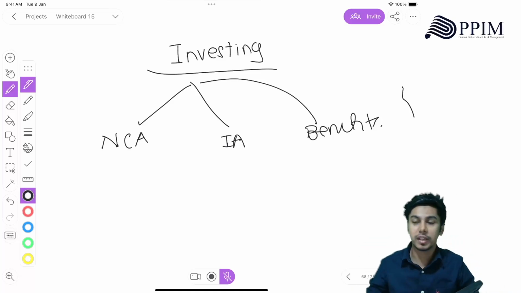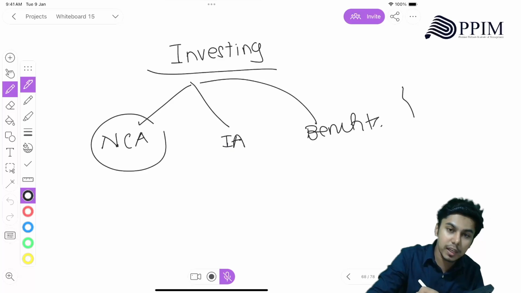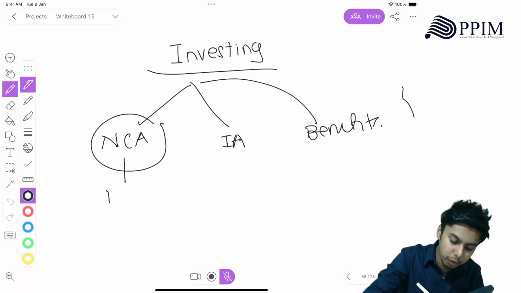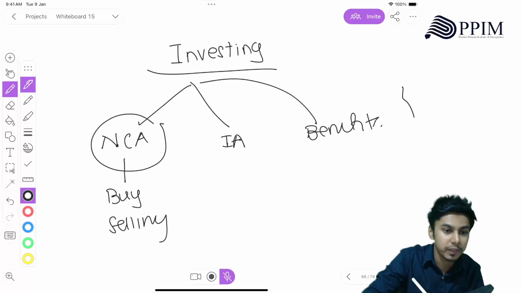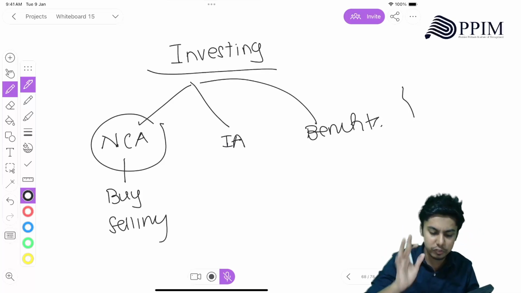These are what come under investing activities. When I say non-current asset, I am talking about buying and selling non-current assets. It can be PPE, investment property, anything. Buy or sell, you should mark them.